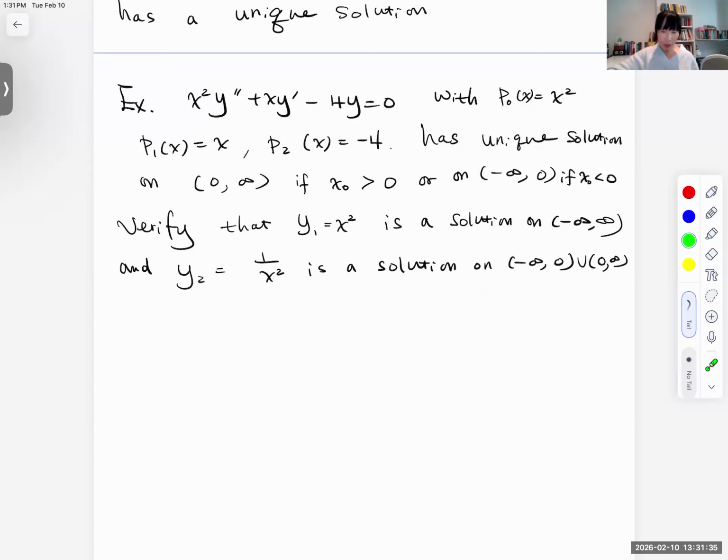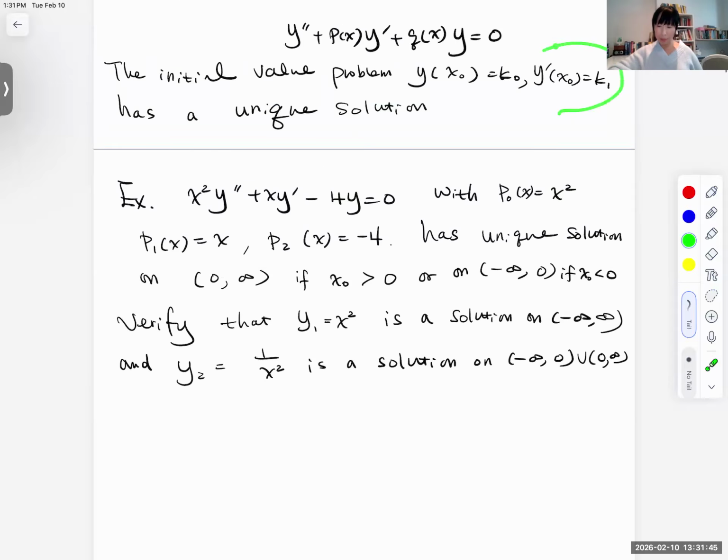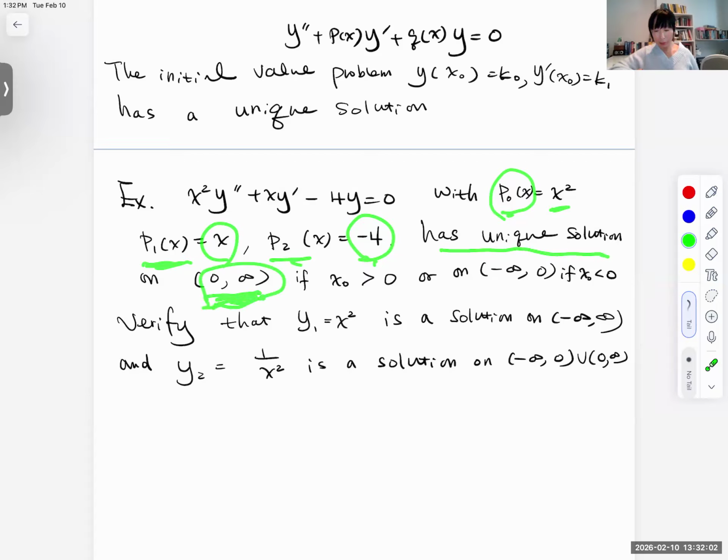In that case, we have three polynomials. One is x squared, the second is x, the third is -4. It has a unique solution only on the positive part, 0 to positive infinity. So x naught greater than 0 means only positive, and then the negative part, right?